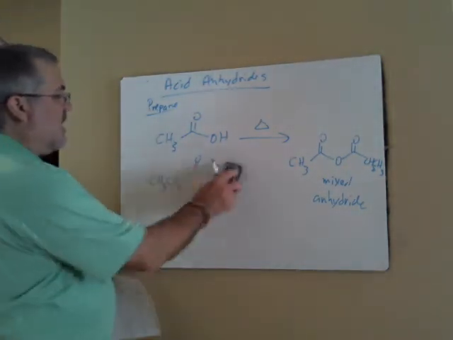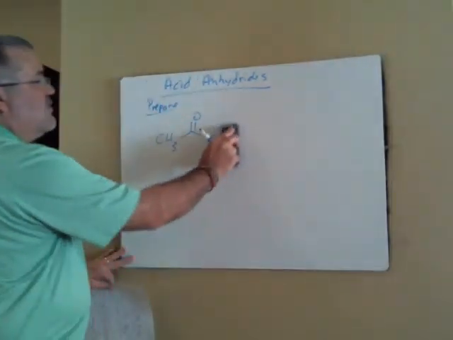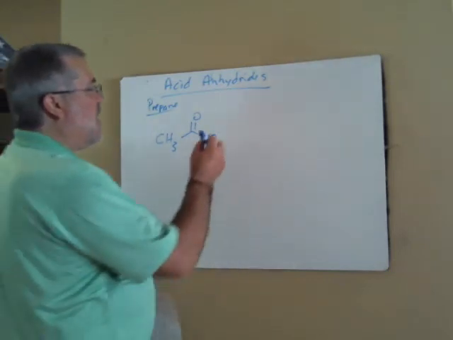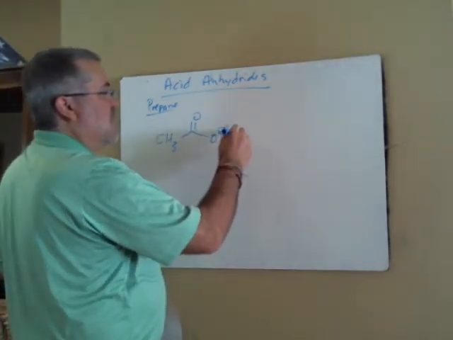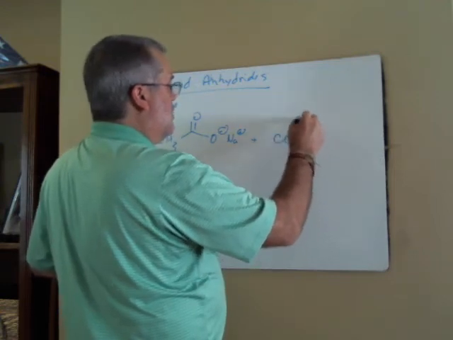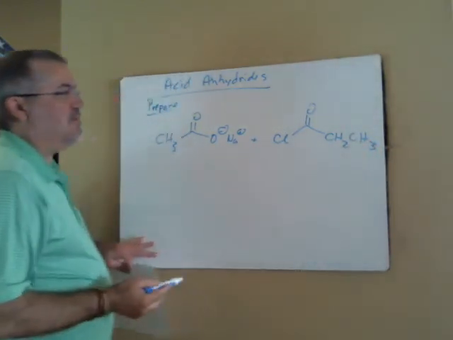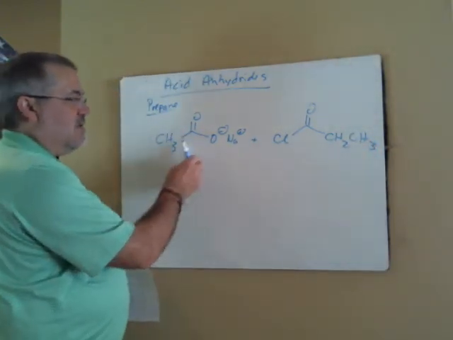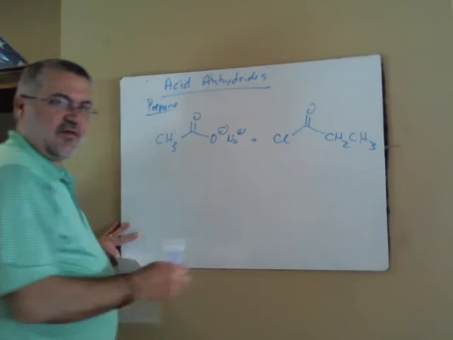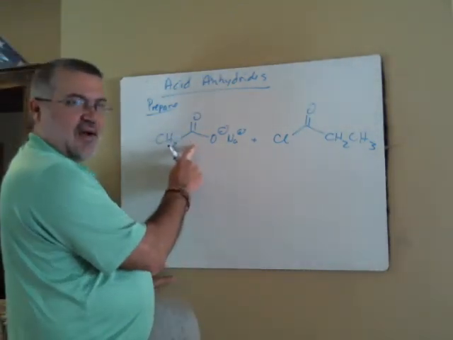Okay? But the method we just talked about, where you first form the carboxyl and then react it with the acid chloride, and I'm going to use this acid chloride now. Now, these two molecules are the only things that are going to react. Two of these are not going to react with each other.